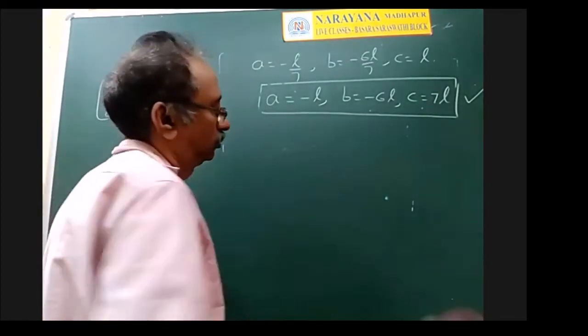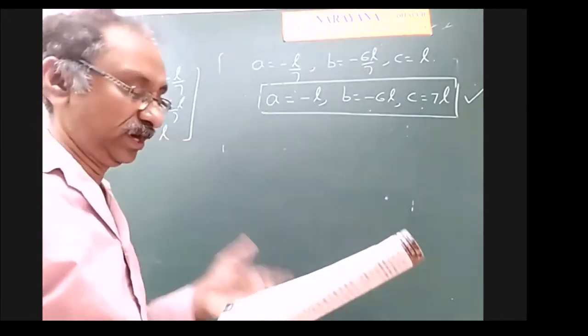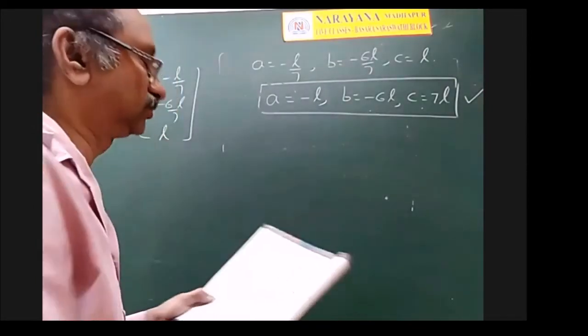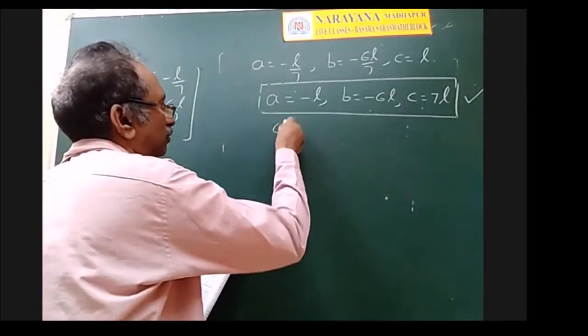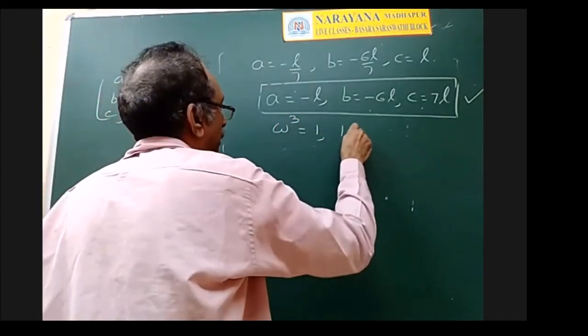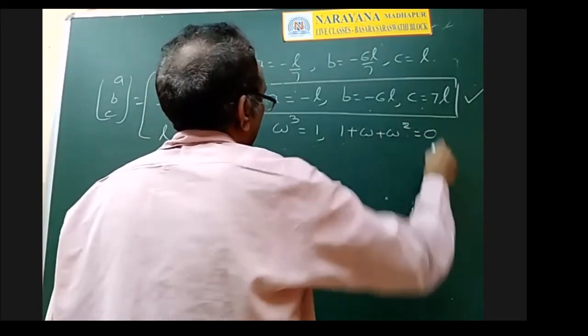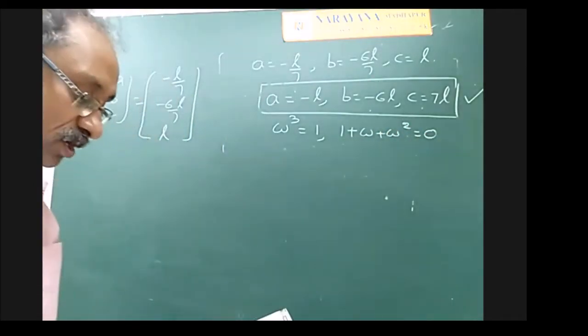And now, again start with this given condition. What is the 26th question? Omega is a solution of x cube minus 1. We know omega is the cube root of unity. Omega cube is equal to 1, and whenever 1 plus omega plus omega square exists, I can write 0 also. Now what is the question?